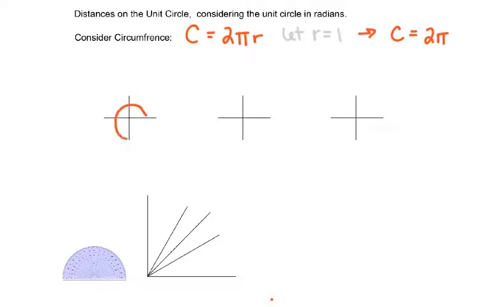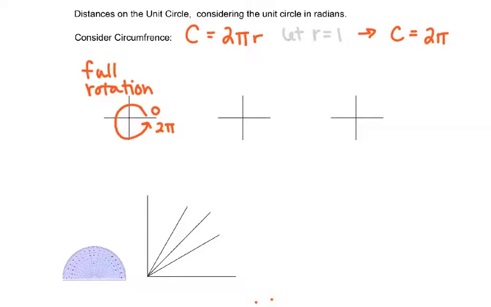And that's what we're going to consider a full rotation here. So if we want to think about a full rotation, one trip around that circle, we would start at 0 on our positive x-axis, all the way around. That distance around would be 2 pi.